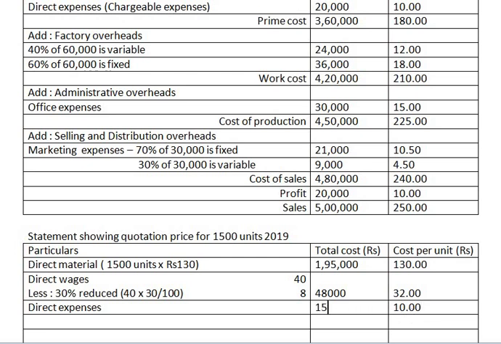So that will be 15,000. If they have not given any information, we are going to keep cost per unit as it is. See here, 10 rupees we have kept as it is. As the production is 1500, we are multiplying it by 1500. Okay, yes. Now add this. So that is 2,58,000, and this is 172 rupees.